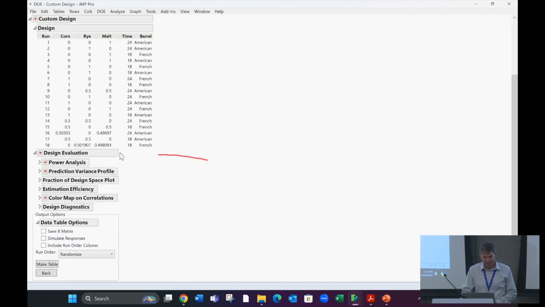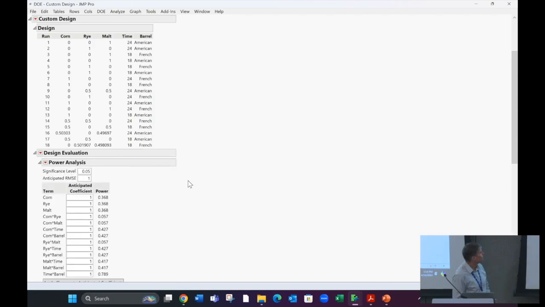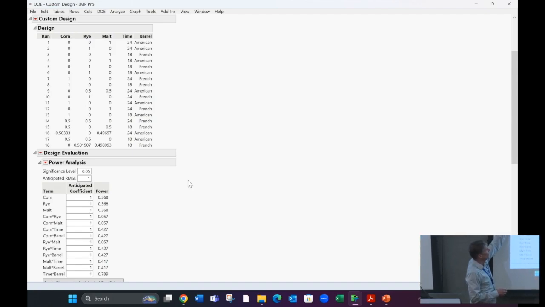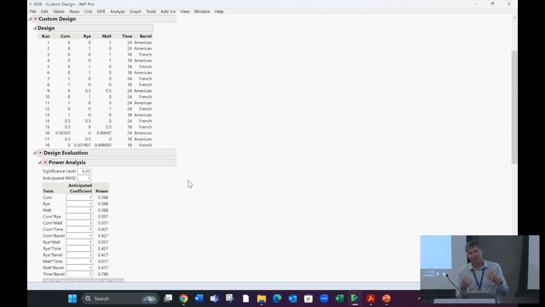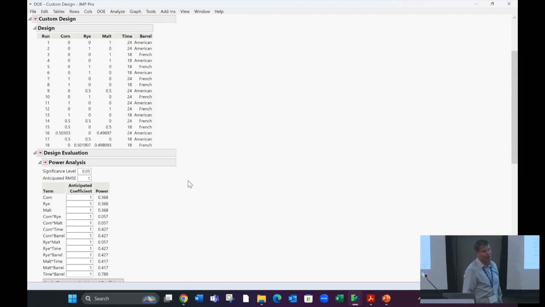One thing that we'll note here on the power analysis, we aren't real excited about power when we start looking at the mixture variables. Because again, we have all this correlation going on, and correlation increases variance, and power is all about signal-to-noise ratio, so you don't necessarily have great power on the mixture variables.